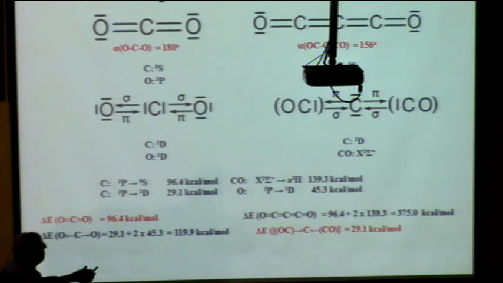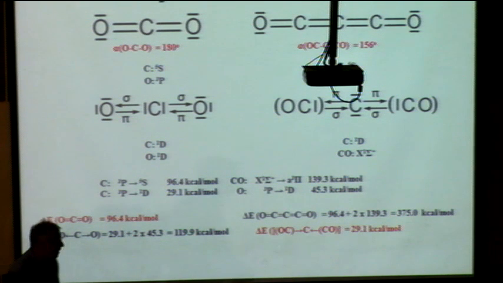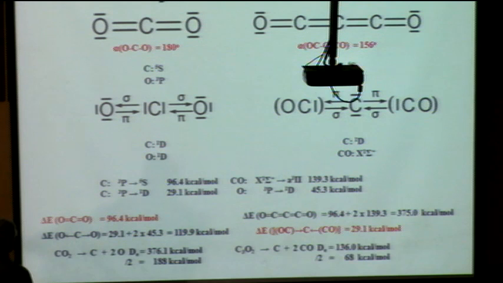And this agrees with the calculated bond dissociation energies. And they are given here. If you dissociate CO2 into carbon and oxygen atom, you have a dissociation energy of 376. That means each bond 188 kcal per mole. This, by the way, is much higher than what you have to invest. 188 kcal per mole is a reasonable value for a double bond.